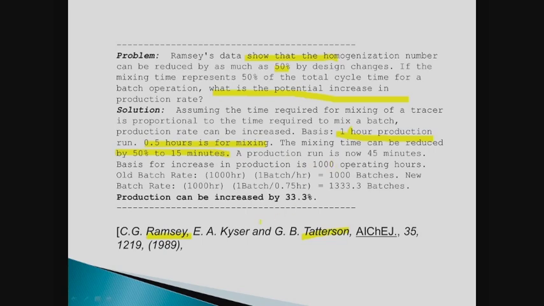We can increase the number of batches we run by 33%. Instead of 1,000 batches, we can accomplish 1,300 batches. So we have a 30% increase in production.